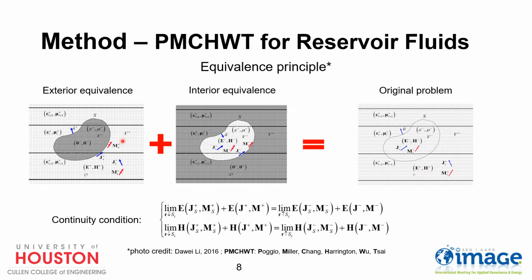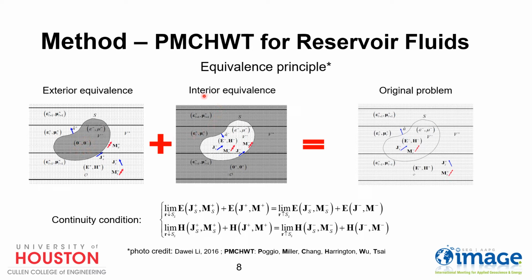So first we can use the exterior equivalence, and we introduce the equivalent current on the exterior boundary of this domain, and together with the impressed current, they produce the identical electric field outside this domain as the original problem. However, the E and H fields are 0 inside this domain.